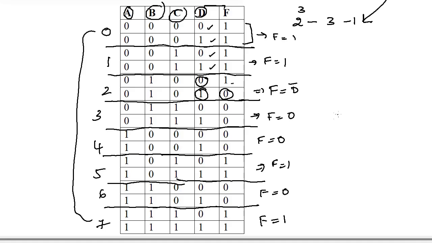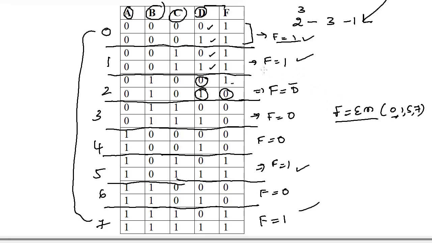Now see here. F equal to sigma m of, now we are connecting with data lines. F equal to sigma m of 1 values, which I am taking as 0, 1, 5, 7. See here, the 0th value, decimal equivalent value 0, F is 1.